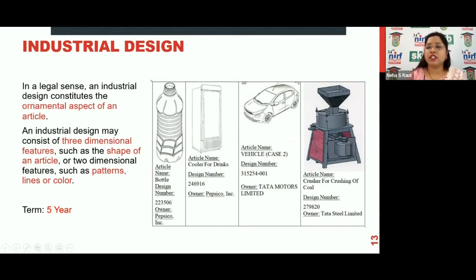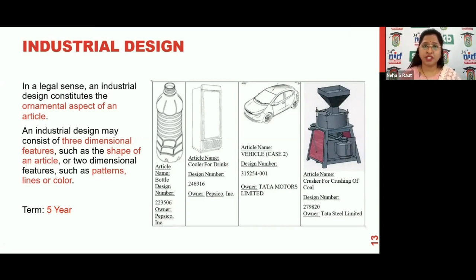Ultimately, it gives a design number, and it has a term of protection of 5 years. So this is all about the different IPs where we can protect our invention, our ideas, our expression, even location-wise, geographical indication, and industrial design.